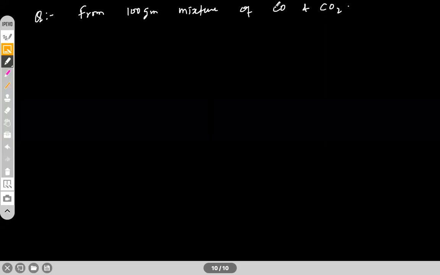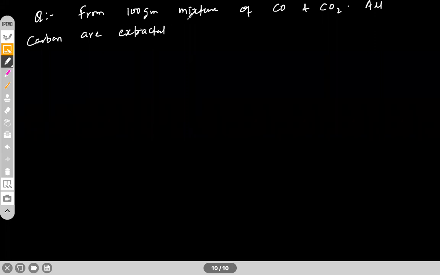See, whatever question I'm writing down on the screen, you must copy down the question and then do the solution. Write down: from 100-gram mixture of CO and CO2, carbon monoxide and carbon dioxide, all carbon are extracted to form acetylene.